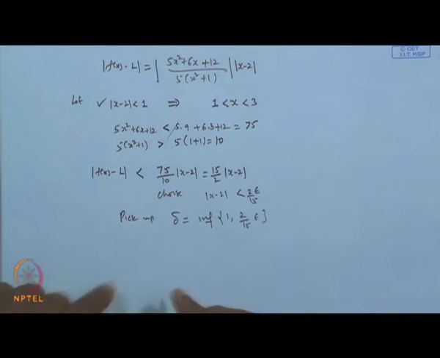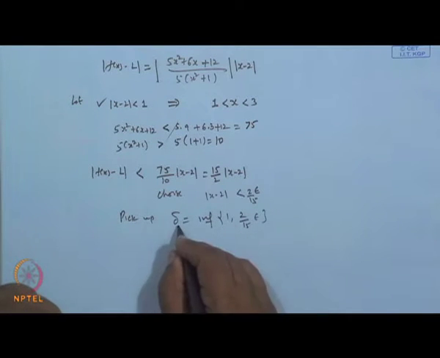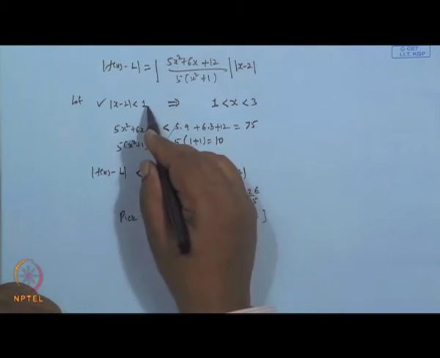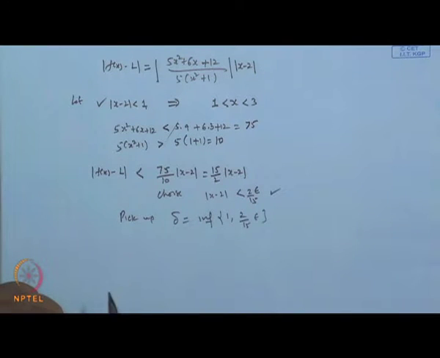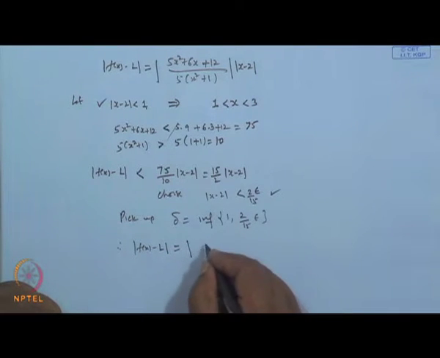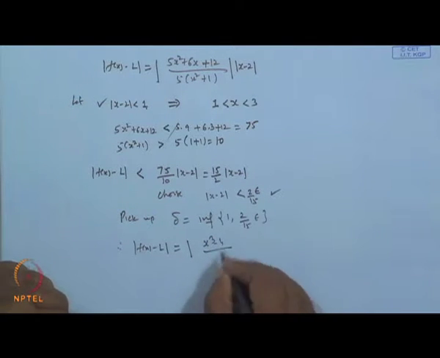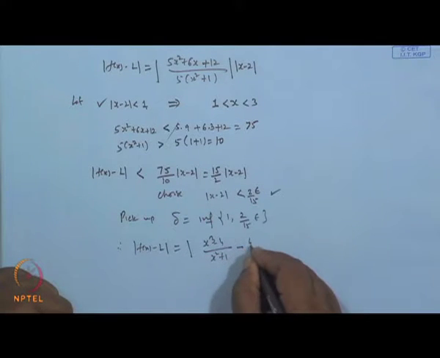Then with this delta, this condition is satisfied as well as this condition is satisfied. Therefore, mod of f x minus L, that is equal to what? Mod of x cube minus 4 divided by x square plus 1 minus 4 by 5.